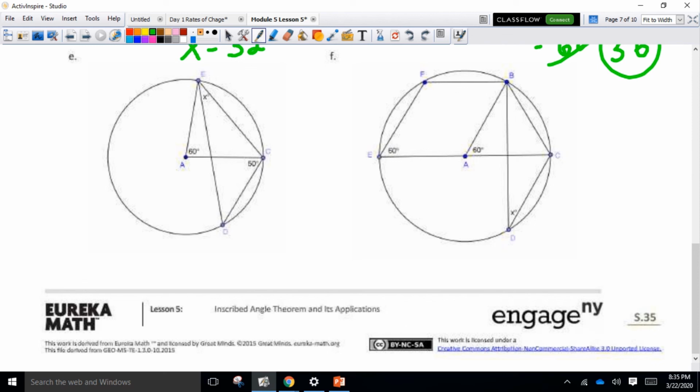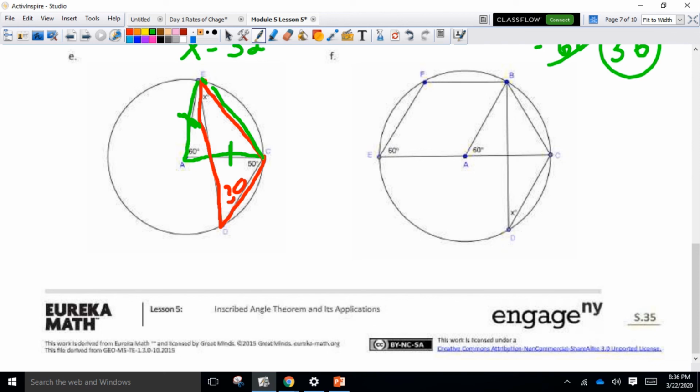Okay. This angle is 60. This angle makes the same arc, which makes that 30. And we got this triangle here. And we got this triangle here. Okay, this is isosceles, right? And the angle between there is 60.